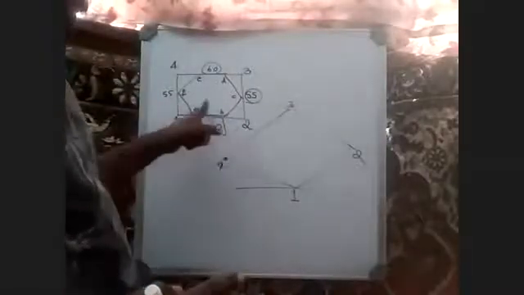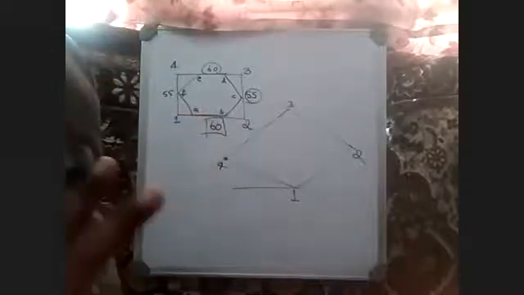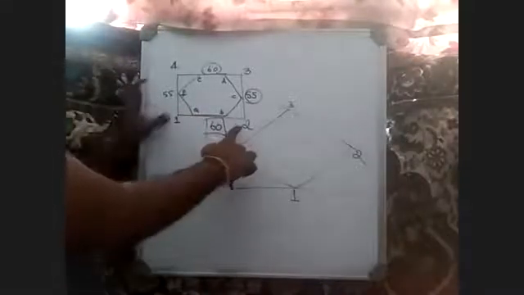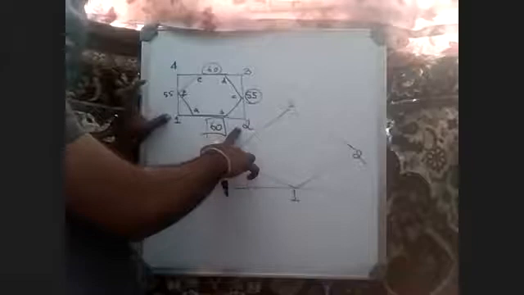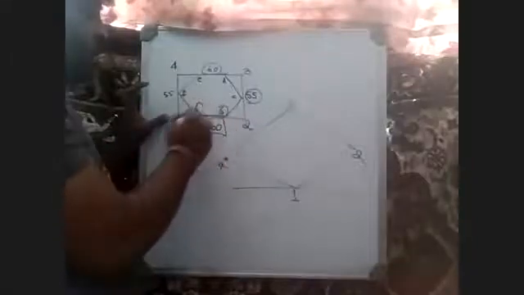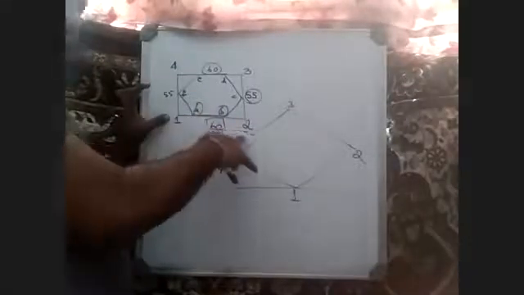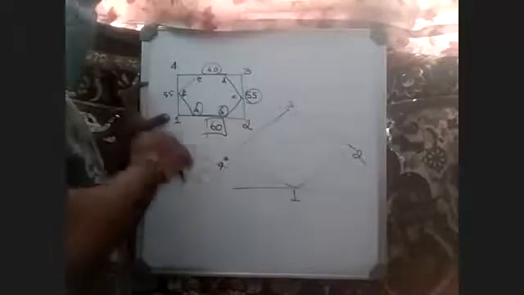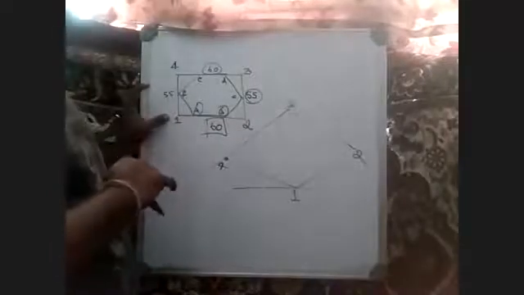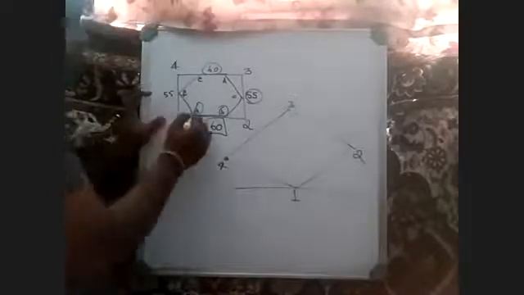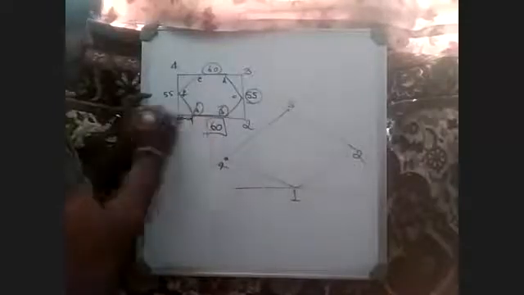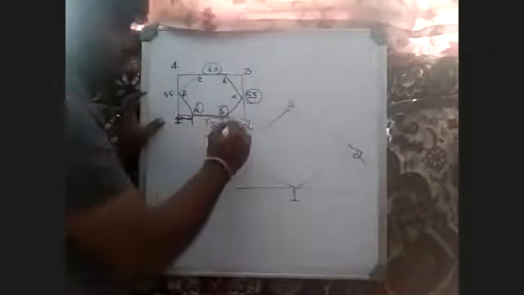Please observe now. From corner number 1 to 2, how many corners of the hexagon do you have? In the line 1 to 2, how many corners of the hexagon do you have? Corner A and B. So you have 2 corners in between line 1 and 2. Correct? So count the box gap of that. Meaning, from 1, after how many boxes do you have point A? From 2, after how many boxes do you have point B?